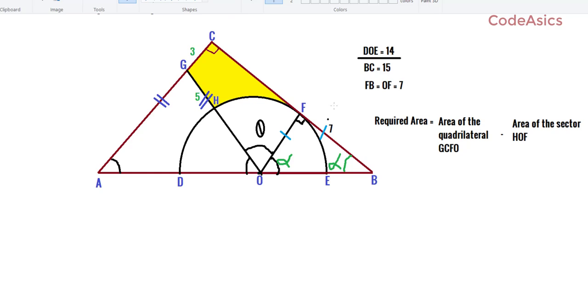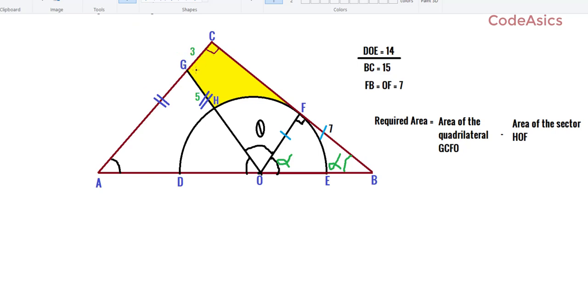Now please remember, the code that we are going to write will take into account this shape. In other words, this shape ought to exist. There should be a tangency here. It doesn't matter if this is 90 degrees or not. In this question, we have been given this as 90 degrees.